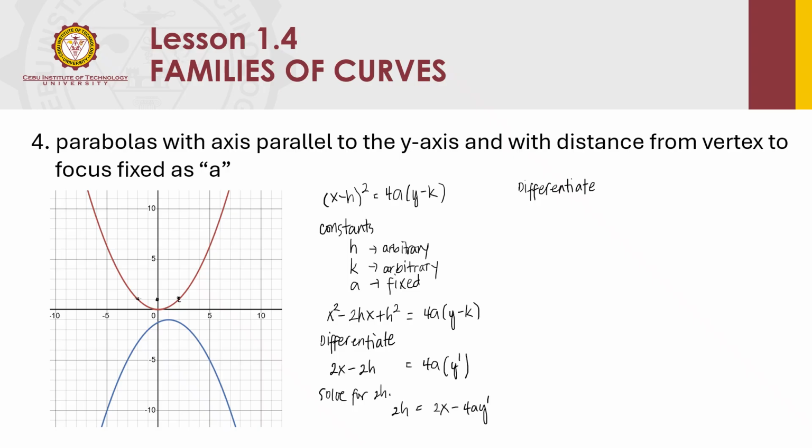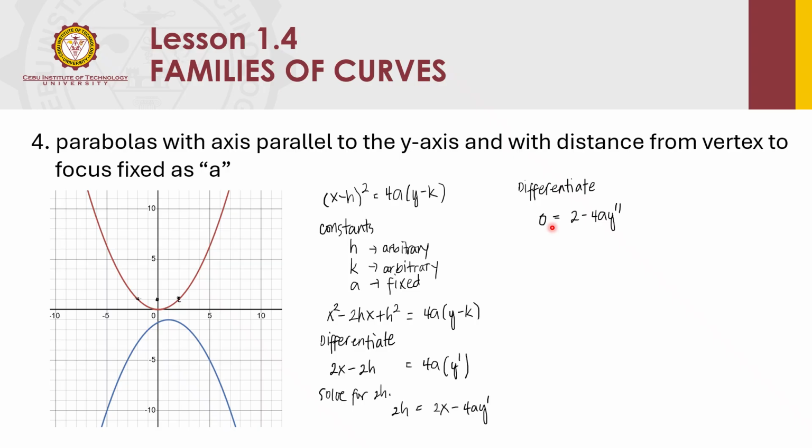On the left side, we have 0, the derivative of which is 0, and for the right side, we have 2 minus 4a, which is a constant, times the derivative of y prime with respect to x, which is the second derivative of y with respect to x. So we have this differential equation now with only a as the constant, which is fixed. So we're done with the elimination of arbitrary constants.